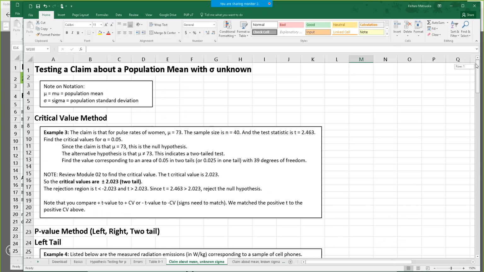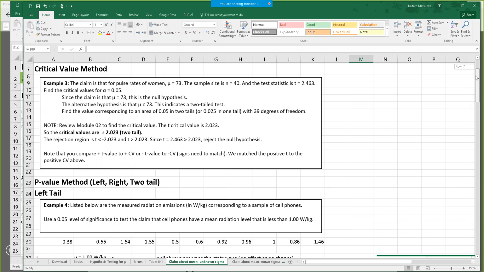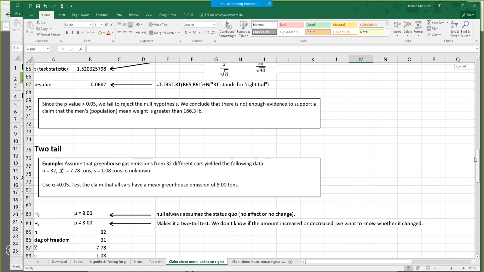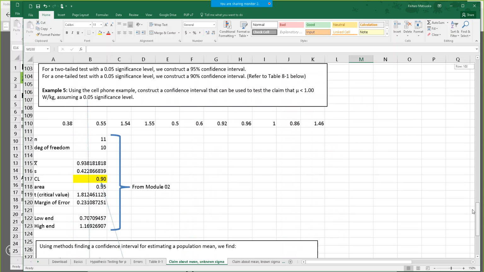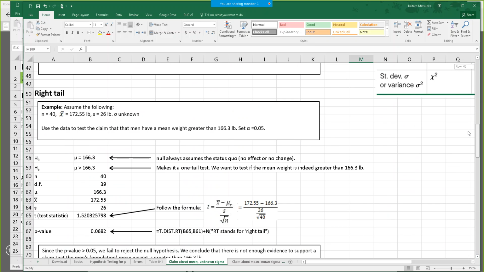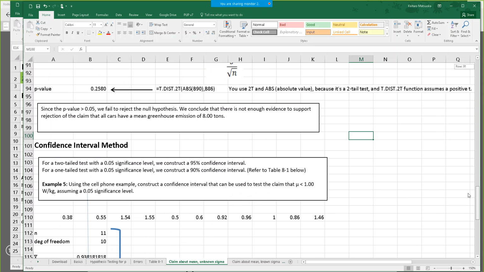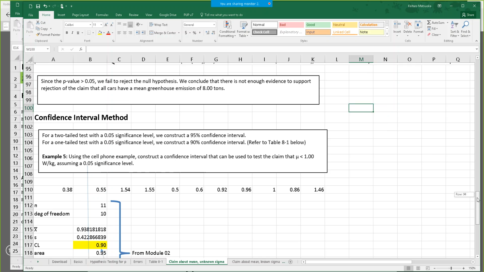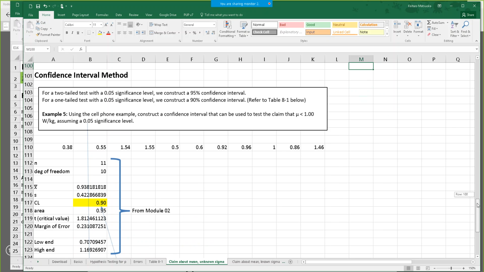But unless it says so, you can use any of these methods you like to make a decision. It really doesn't matter to me which one you use. So let me show you the confidence interval method. Obviously, it's going to be using a confidence interval, but there's a slight asterisk that I'm going to point out to you.